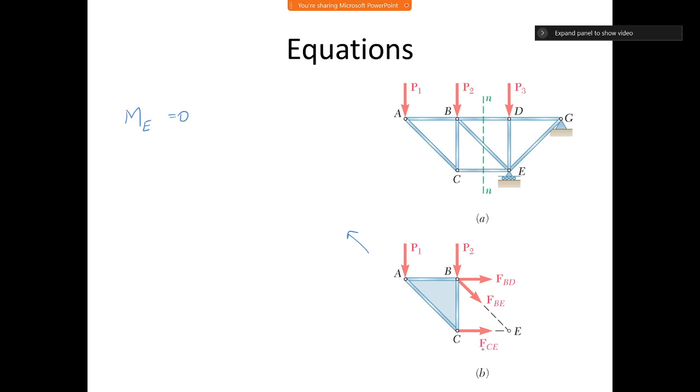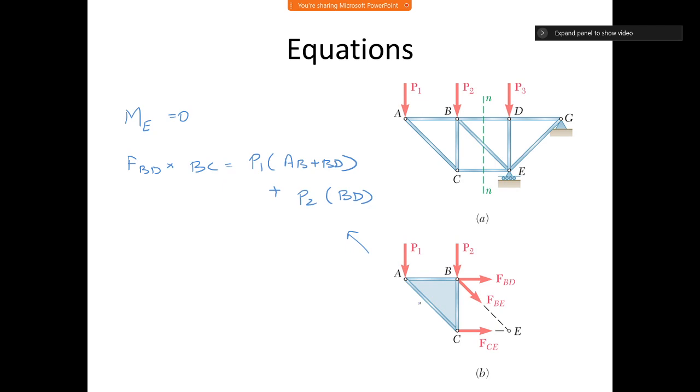Then the contribution of FCE and FBE gets eliminated, and what I have is FBD multiplied by the perpendicular distance BC. This is clockwise, and the anti-clockwise moments are P1 times AB plus BD, plus P2 times BD, right?